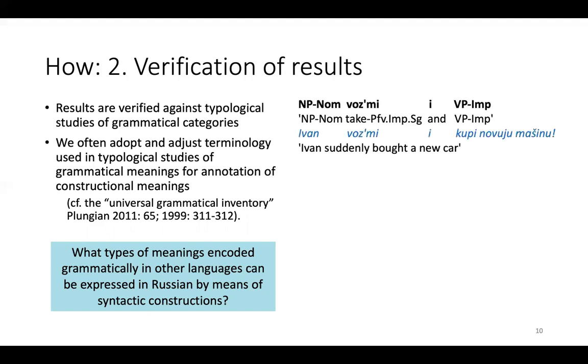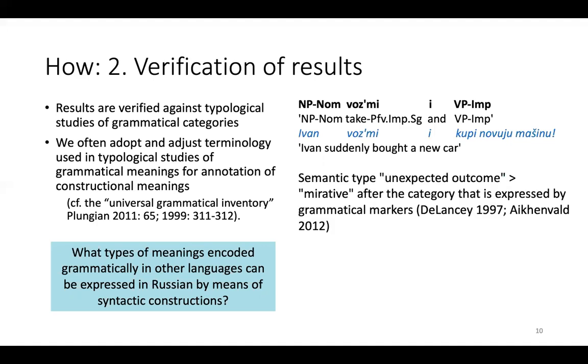As an example, consider the construction noun phrase nominative возьми и verb phrase imperative, as in the sentence, Ivan возьми и купи новую машину. Ivan suddenly bought a new car. This construction illustrates a semantic type that we first termed unexpected outcome and later renamed as mirative, after the category that is expressed grammatically in some languages. Mirative means that the speaker is surprised with new unexpected information.